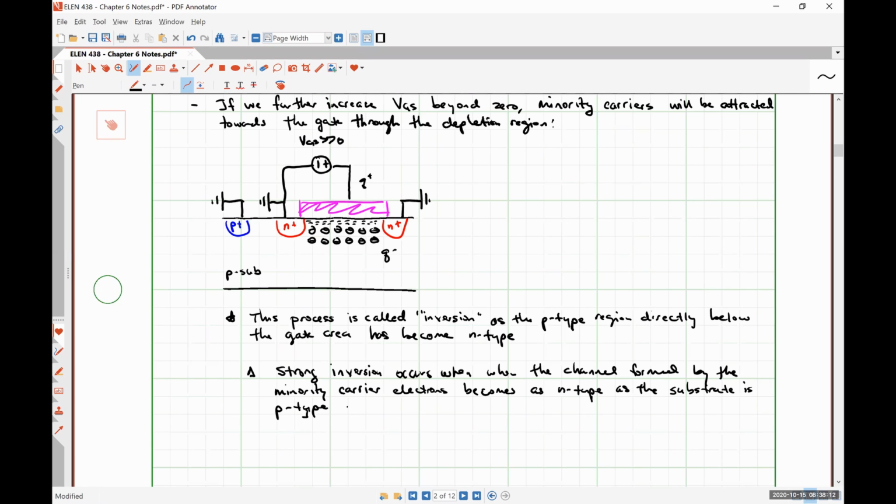So it requires us to move a whole heck of a lot of electrons into that region between our N plus implants in order for us to have a current carrying path there.